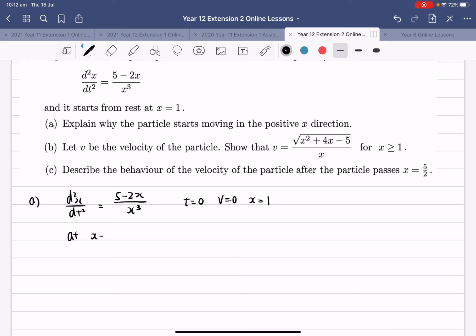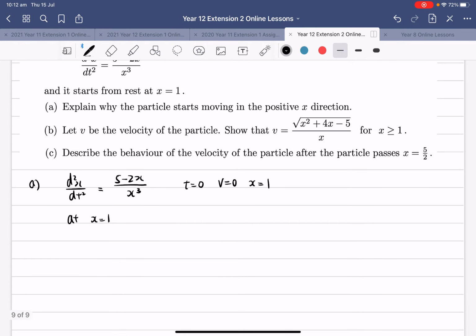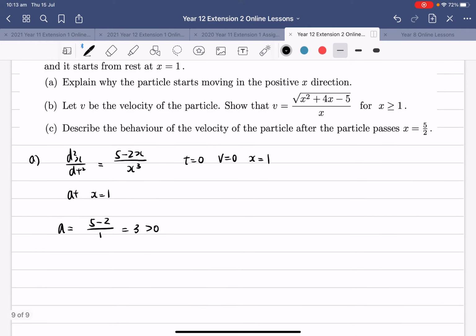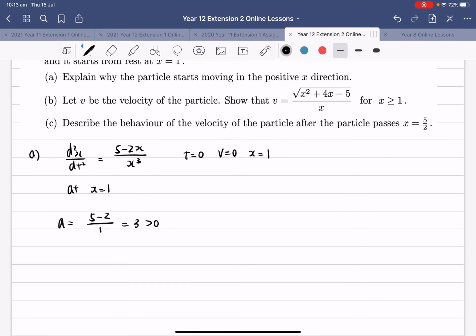So at x equals 1, the acceleration a is equal to 5 minus 2 over 1, which is equal to 3, and that is greater than 0, okay? So at x equal to 1, the acceleration is positive. The particle obviously moves in the positive direction. All right, so therefore the particle starts moving in a positive direction.